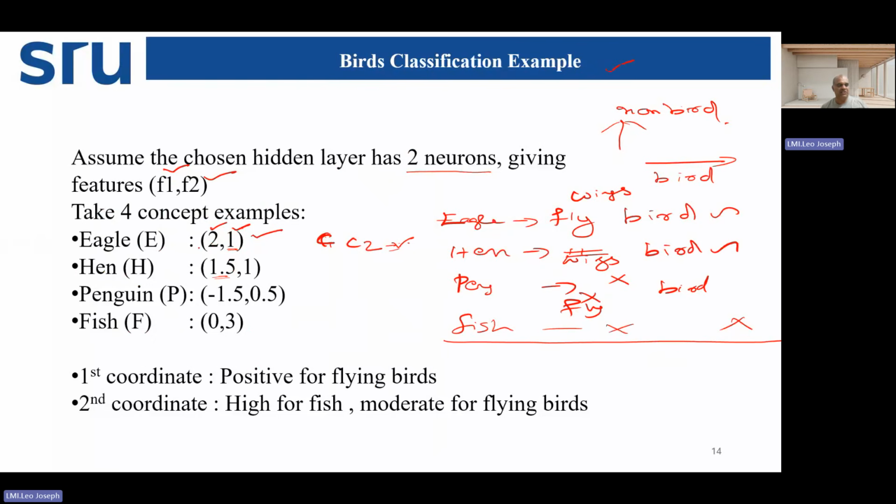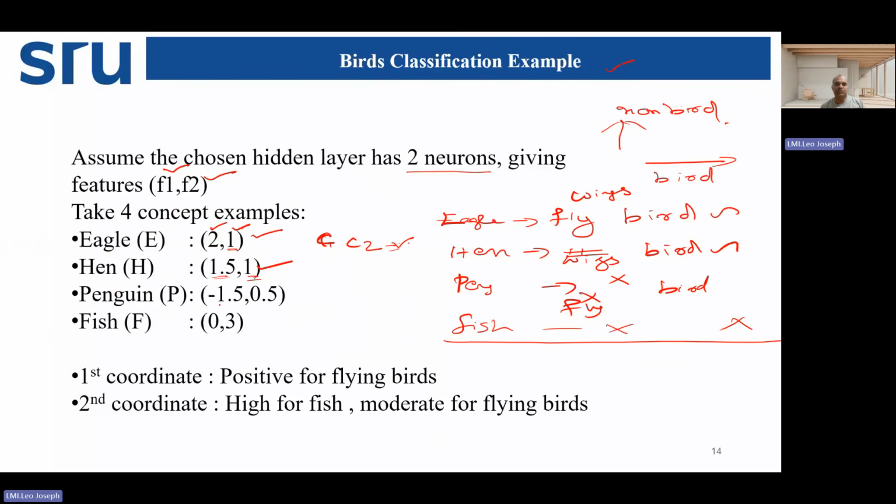Usually hen will be on the land surface, while eagle will be in a flying position. Based on that I am giving a moderate weight. The second feature is non-bird category, and since it is a bird, I am assuming a moderate value.